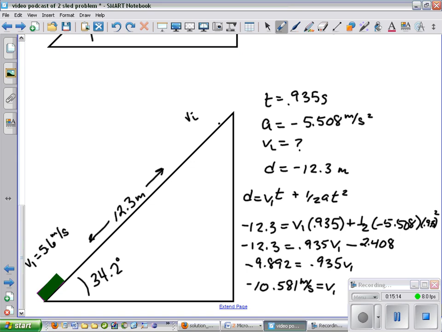Now, were we expecting a negative velocity at the end? And the answer is yes, because this one is going to the left, so it will definitely be in the negative direction.